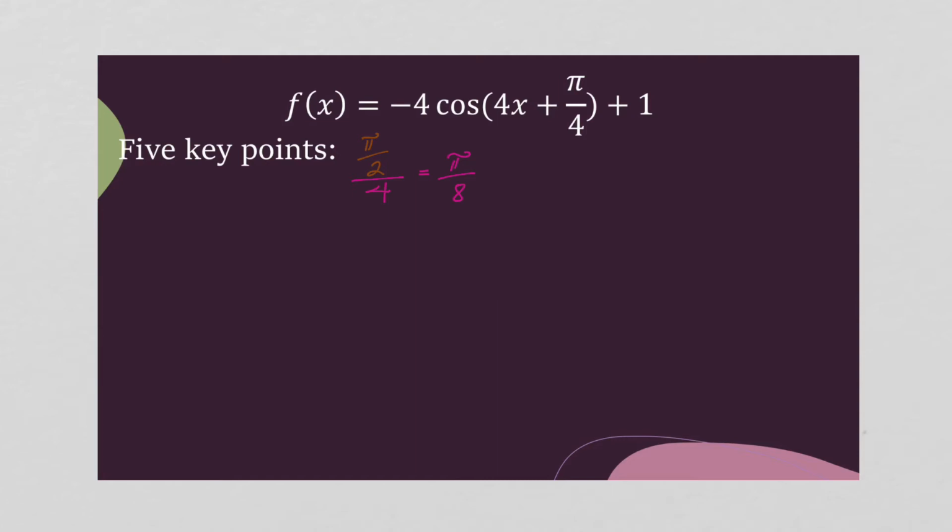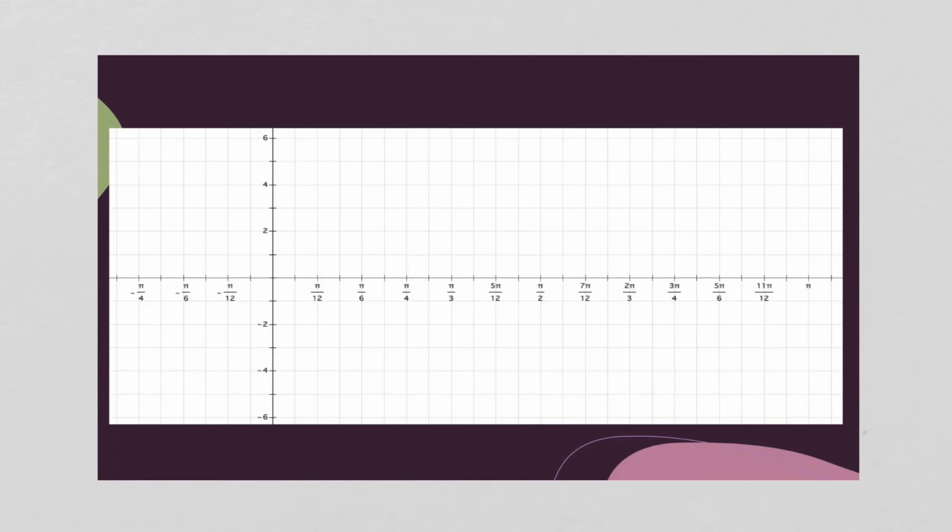Now what I do with this is I try to graph it thinking about what the original cosine looked like. The original cosine would start at 0, 1, right there. Well, this one has an amplitude of 4, so that means it would start at 0, 4. However, the a value is negative 4. It's a negative function.